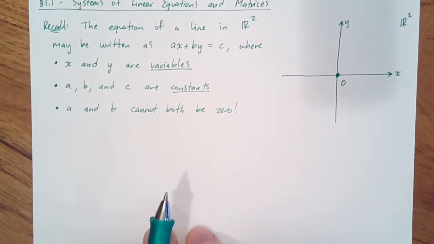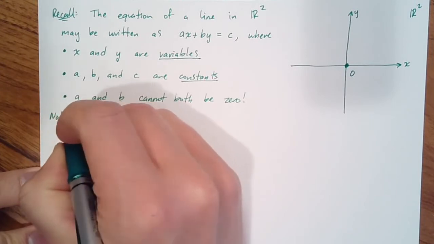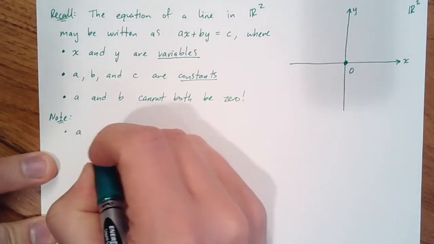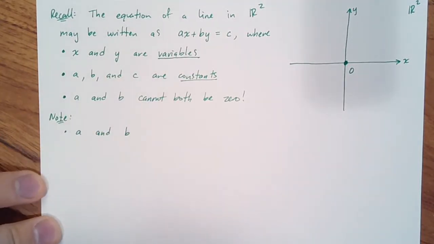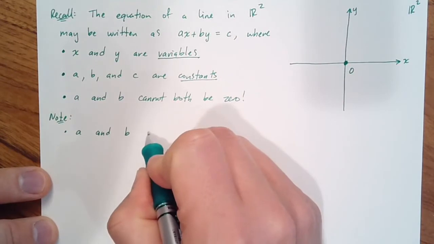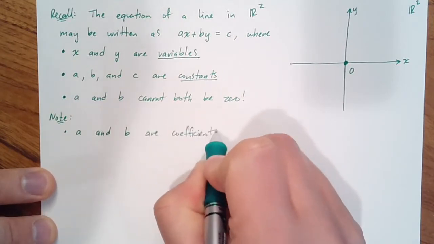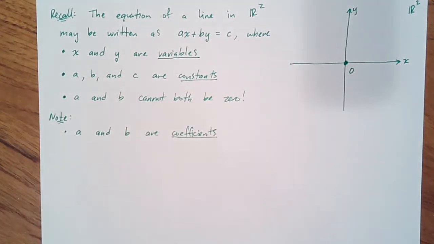Just a couple of notes, some terminology. Let's write a couple more things down about this. So a and b are referred to as coefficients. They have names. And the word coefficient is typically used in mathematics to describe a constant or a scalar that's being multiplied onto some other quantity.